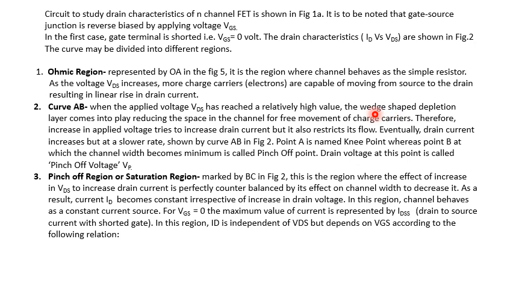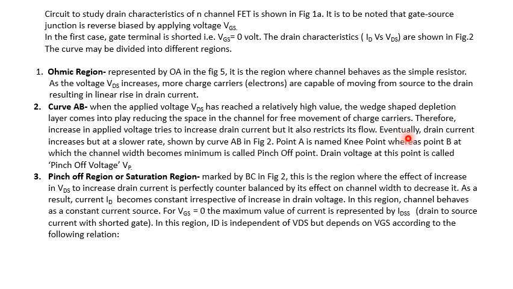But the other effect is that with the increase in VDS, the width of the depletion layer is also increasing, so it has a tendency of reducing the current. So two phenomena are occurring simultaneously: one is the increase in current, and the other is the decrease in current, which is due to the depletion layer.